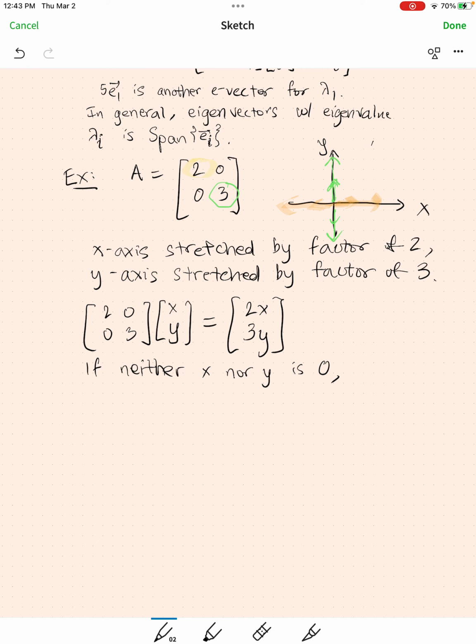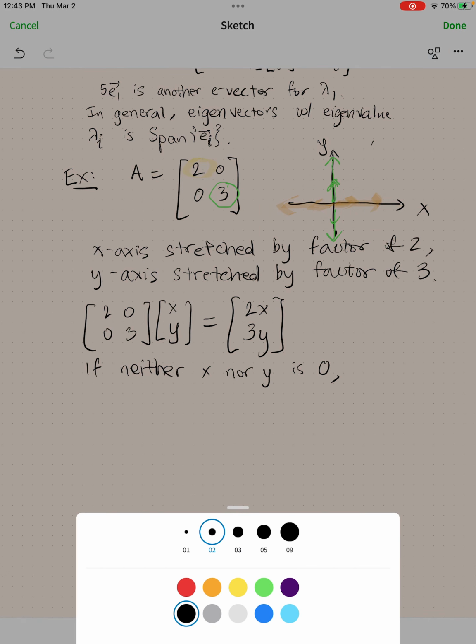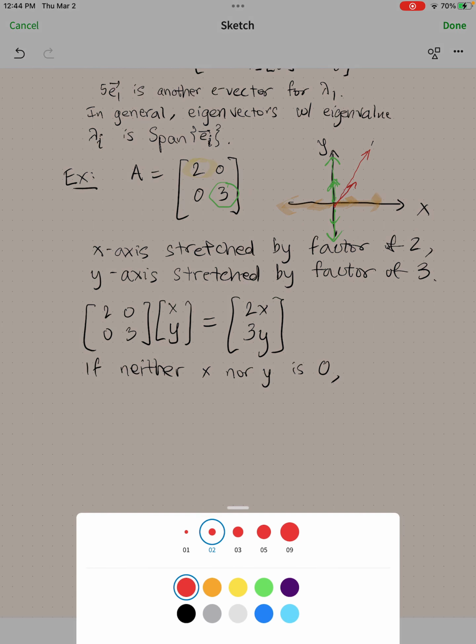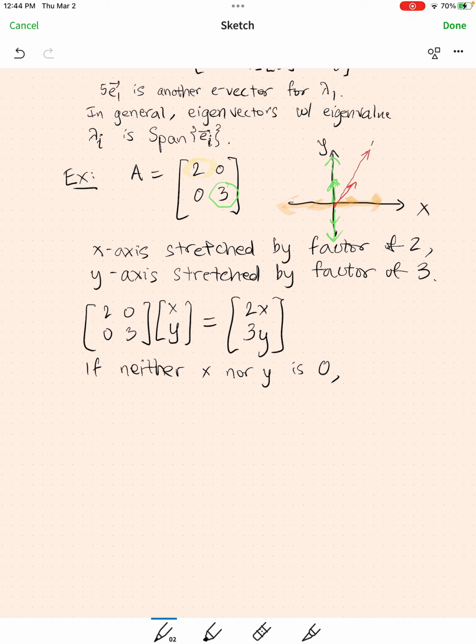No, because the first number gets scaled by 2, and the second one gets scaled by 3. So it's not going to be parallel. If I took a vector like (1, 1), it's going to go to (2, 3), somewhere up there. So it's not going to go to something parallel to the original vector. So if neither x nor y is 0, (x, y) is not an eigenvector of A.